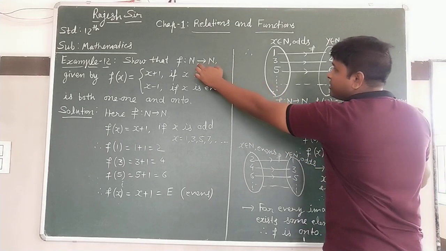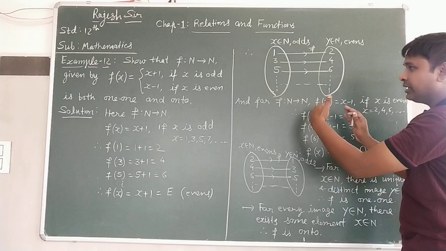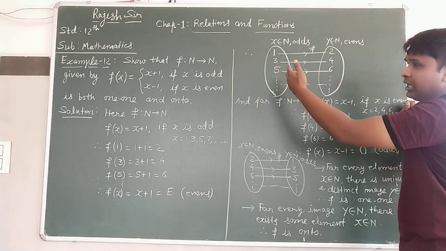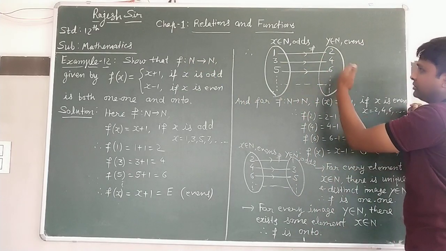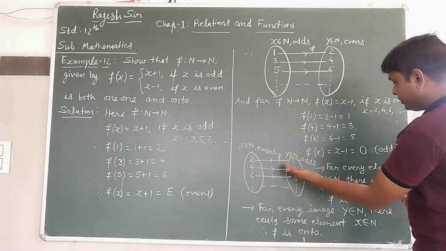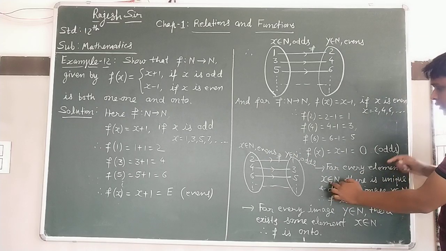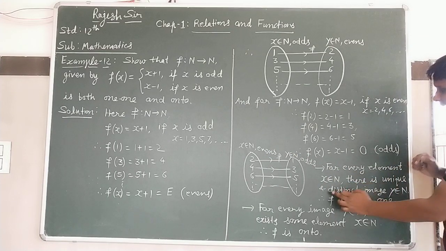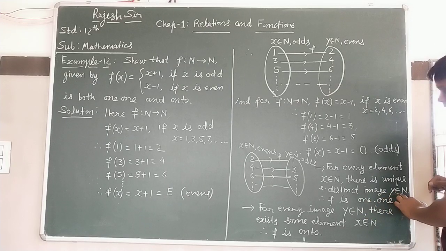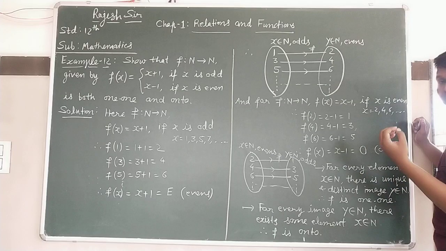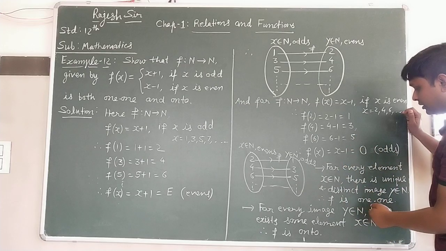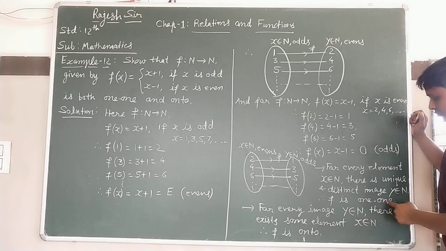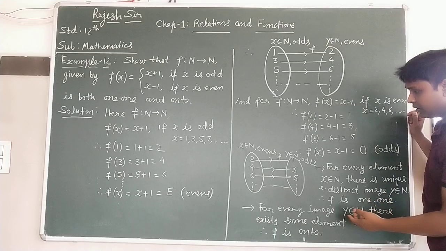So for all the elements of the natural numbers in the domain, we are finding their images in the codomain. Combining both, for every element x belongs to N, there are unique and distinct images y belongs to N. It tells us that for every element we have distinct and unique images, so we conclude that f is one-one.